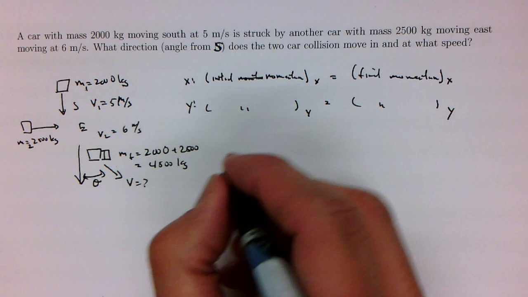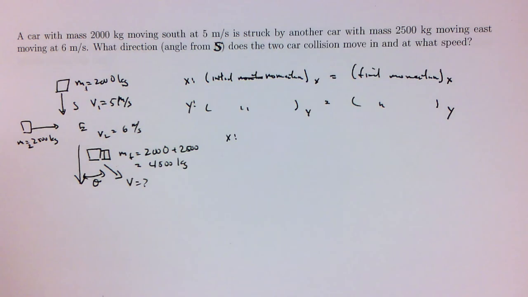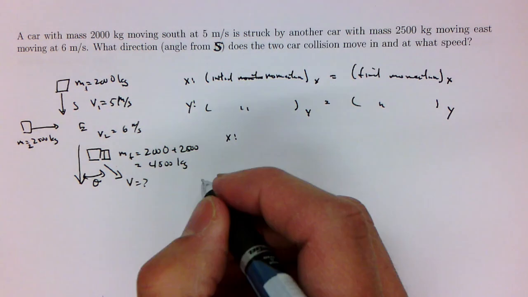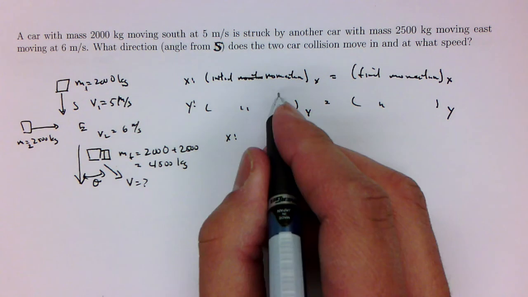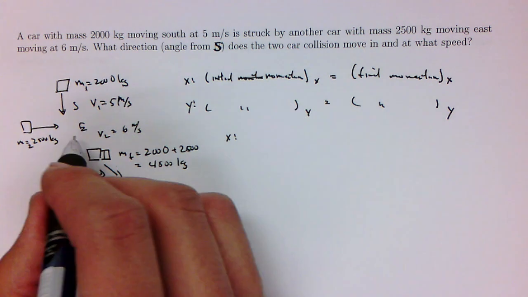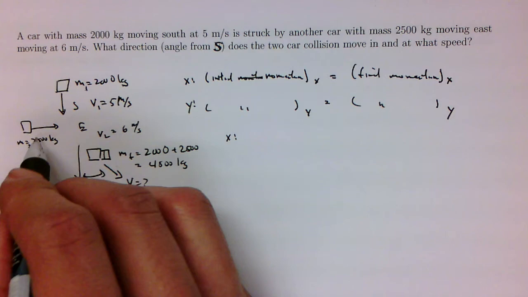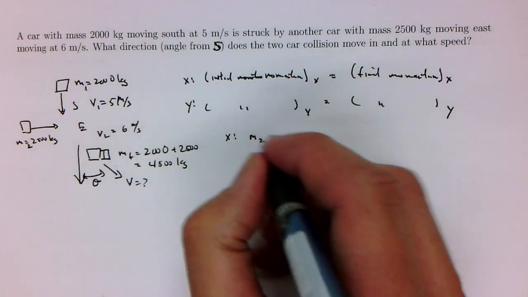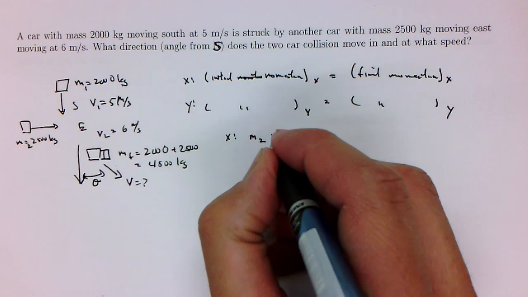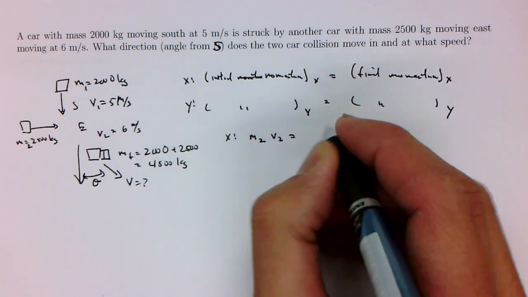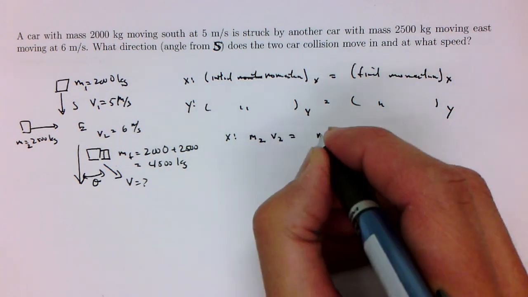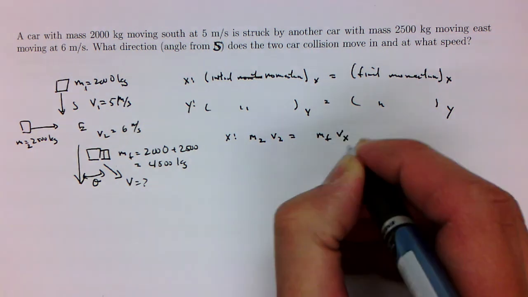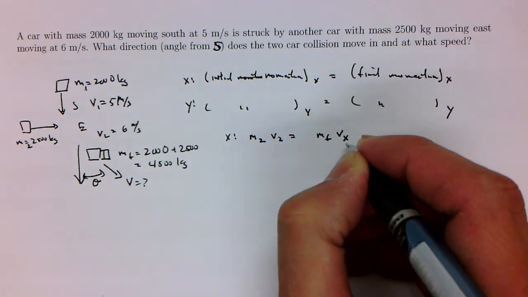So let's look at the x component first. Let's write down the initial momentum in the x direction. It is going to be the mass of car 2 times v2, which is equal to the final mass, m final, times the final velocity in the x direction.